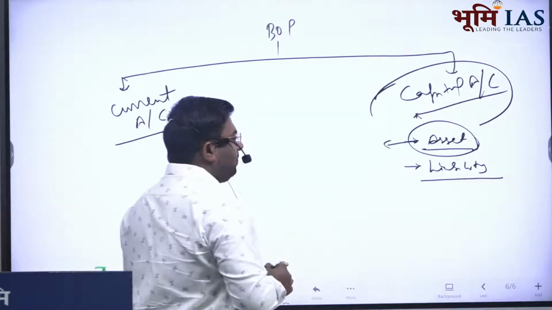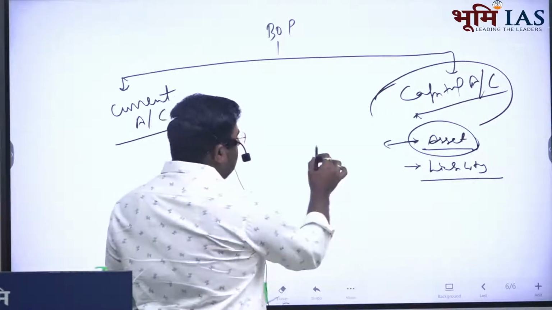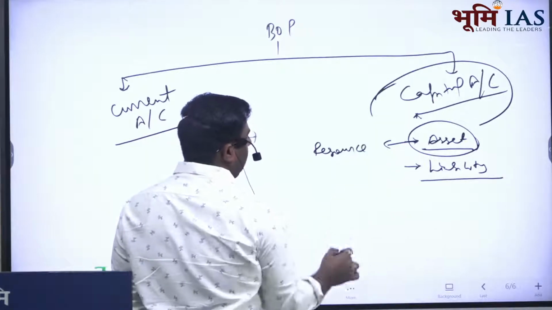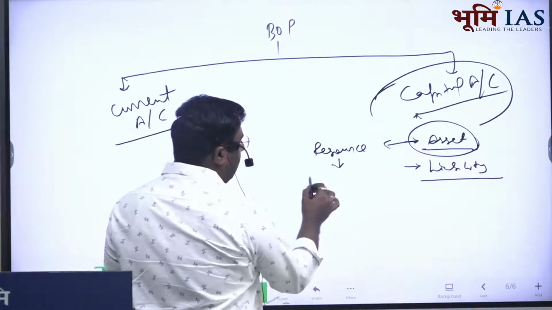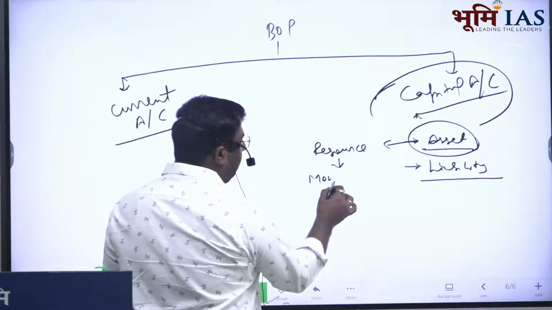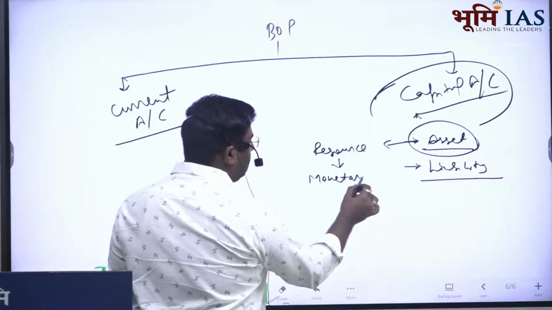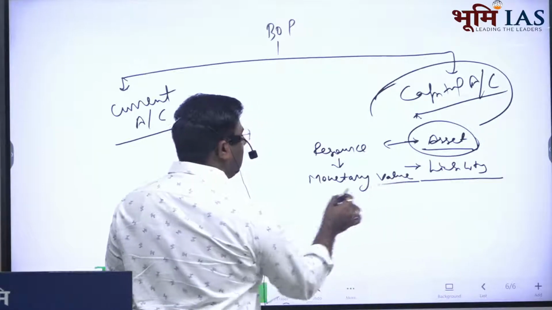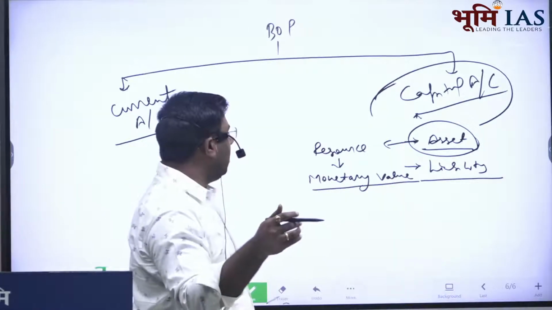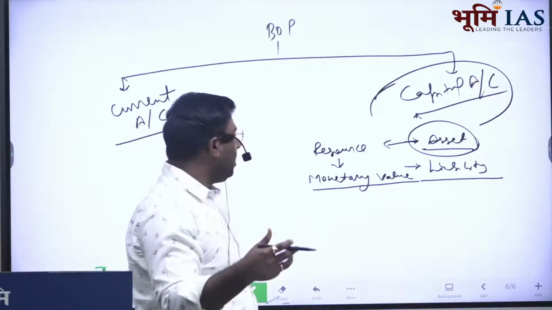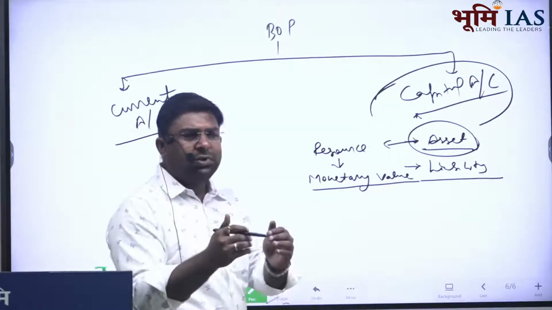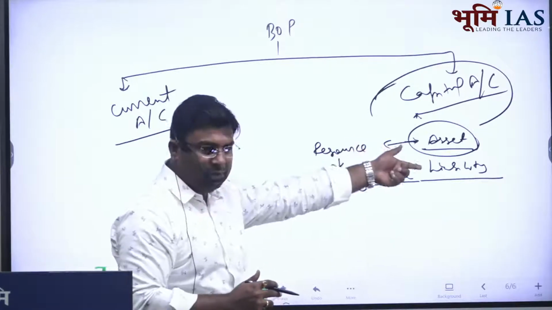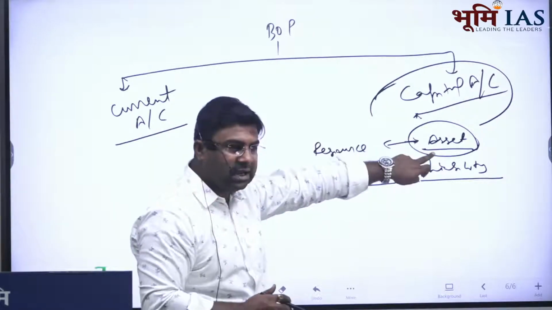Look, asset means any type of resource which has its monetary value. Monetary value means nothing but a type of value which can be considered in the form of currency, 10 rupees, 20 rupees, whatever monetary value that should have, which is actually considered as asset.